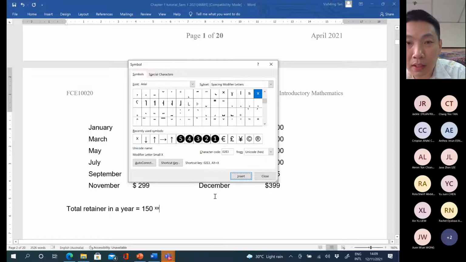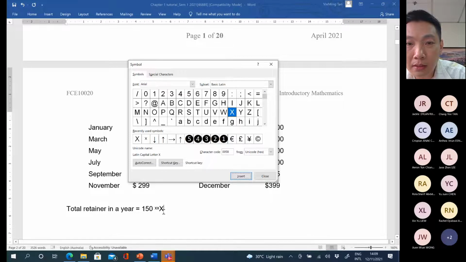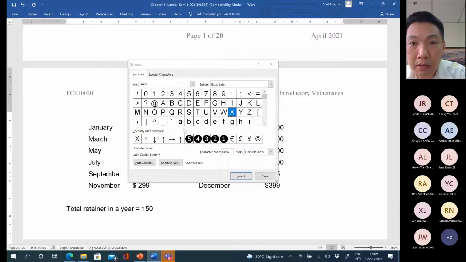The X is too small. I choose a bigger one. Maybe I choose this.